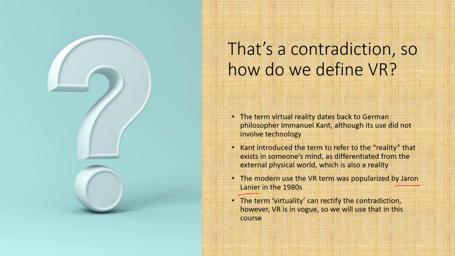And to rectify this contradiction, some people have also tried using the word virtuality rather than virtual reality. So, maybe this can rectify the contradiction. However, VR has become popular and VR is in vogue. So, we will use VR throughout the course, but I want you to understand what the phrase actually means.